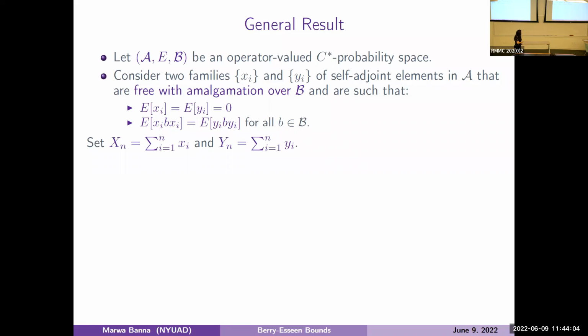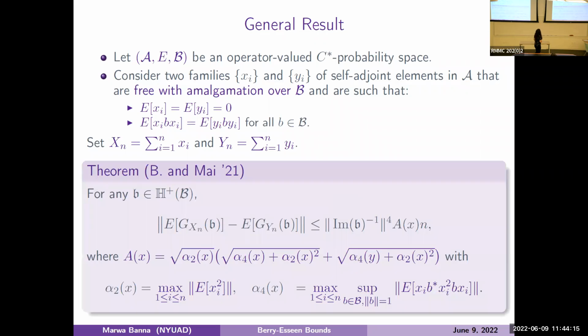So this is how we're going to proceed. We choose the y_i's to be free with amalgamation and to have the same moments up to order 2 as the x_i's. And then what we prove is that the operator valued Cauchy transform of x_n minus that of y_n, in norm, can be upper bounded by the inverse of the imaginary part of b in norm to the power 4 times A(x). And this A(x) is a term that depends merely on the moments of order 2 of x and of order 4 of x and y.